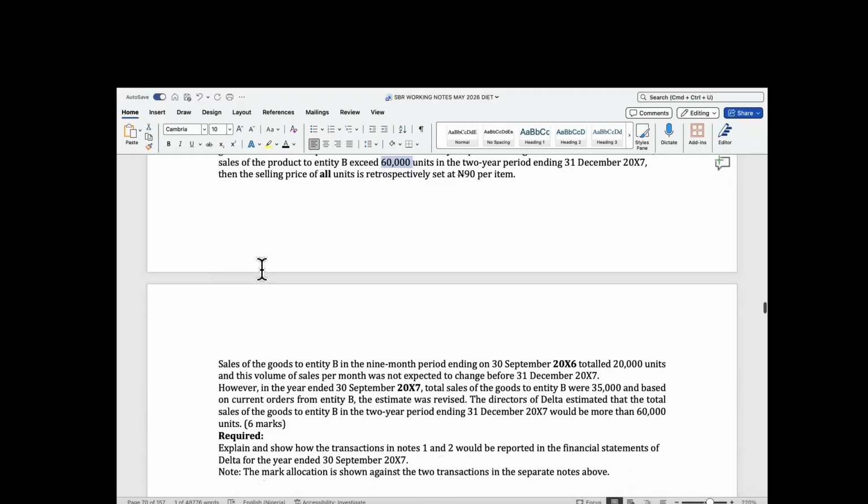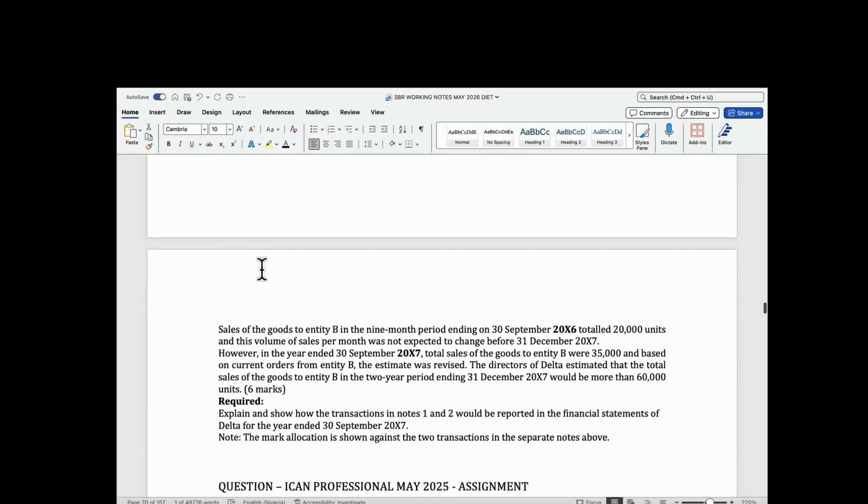It now says that sales of the item to Entity B in the 9-month period totaled just 20,000, and this volume of sales per month was not expected to change before 2007. So at the end of year 1, at the end of 2006, based on the estimate given, the customer has only bought 20,000.